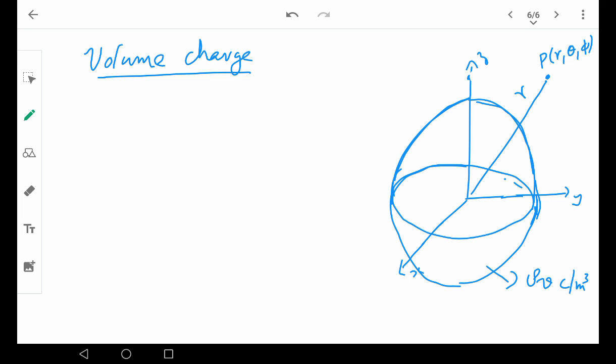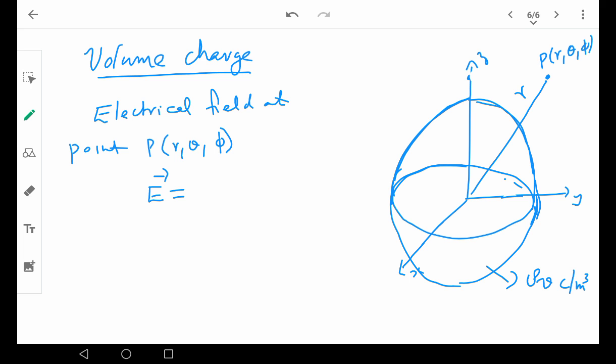So in that case, you can say that the electric field at the point P r theta phi is given by E equal to Q by 4 pi epsilon 0 R square AR. AR is this direction. AR is in this direction. This is the direction of AR.